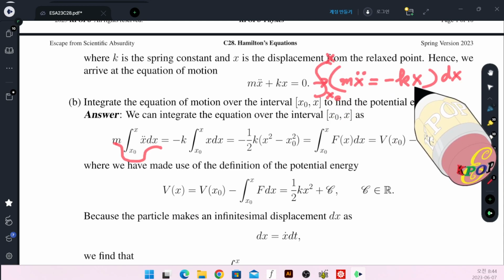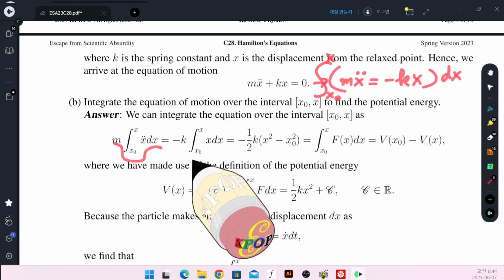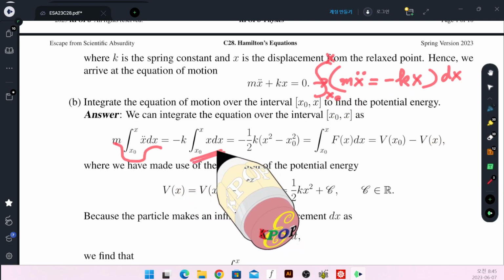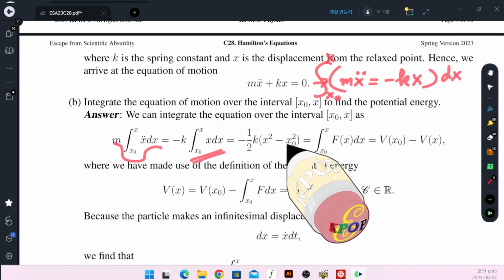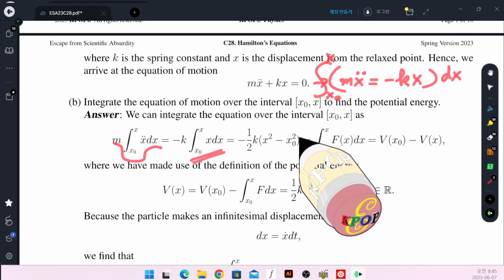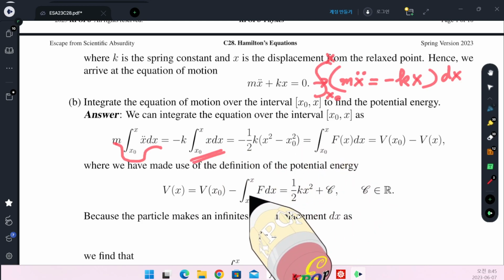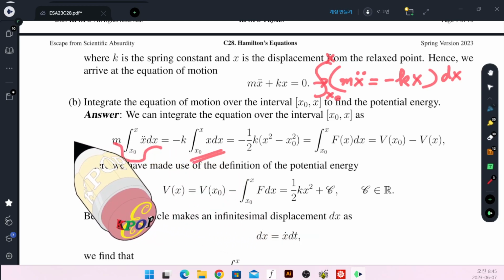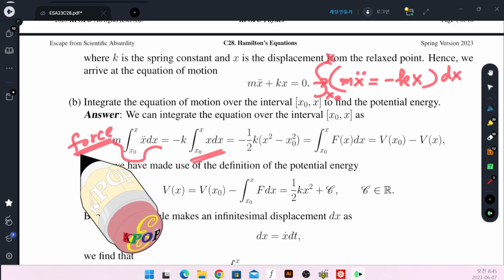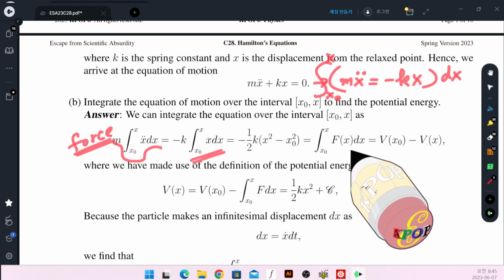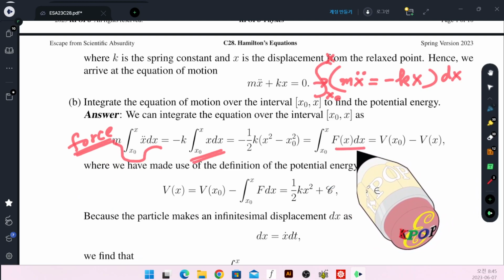The right hand side has minus k. This is a trivial integral of a polynomial, 1/2 of k times x squared subtracted by x0 squared. Because this is a force, the right hand side is the work done by the conservative force.